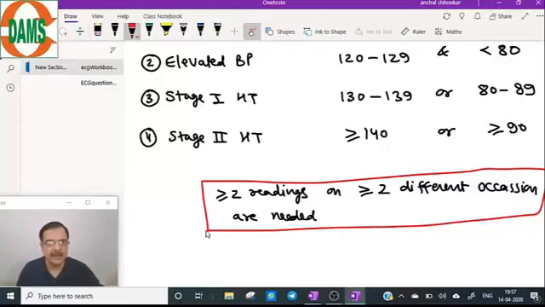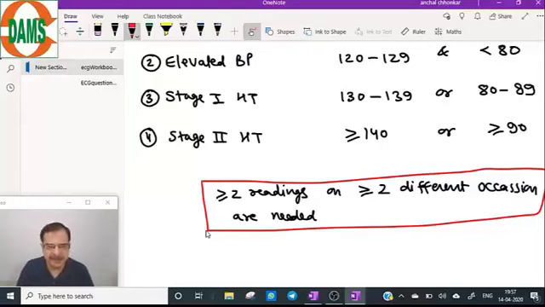Almost every third or fourth patient in medicine OPD will have high blood pressure. If a patient comes to you for the first time, you check the blood pressure today, then take another reading after 5 or 10 minutes.